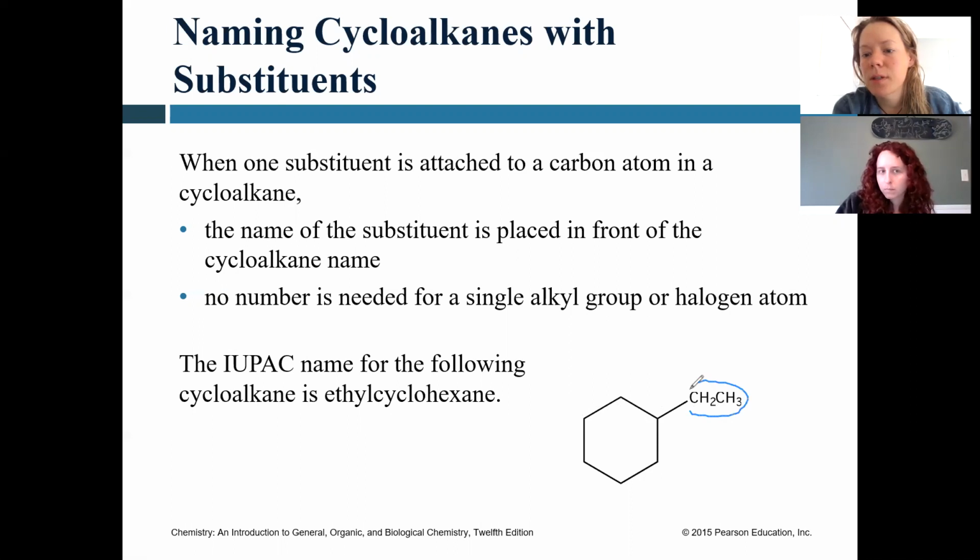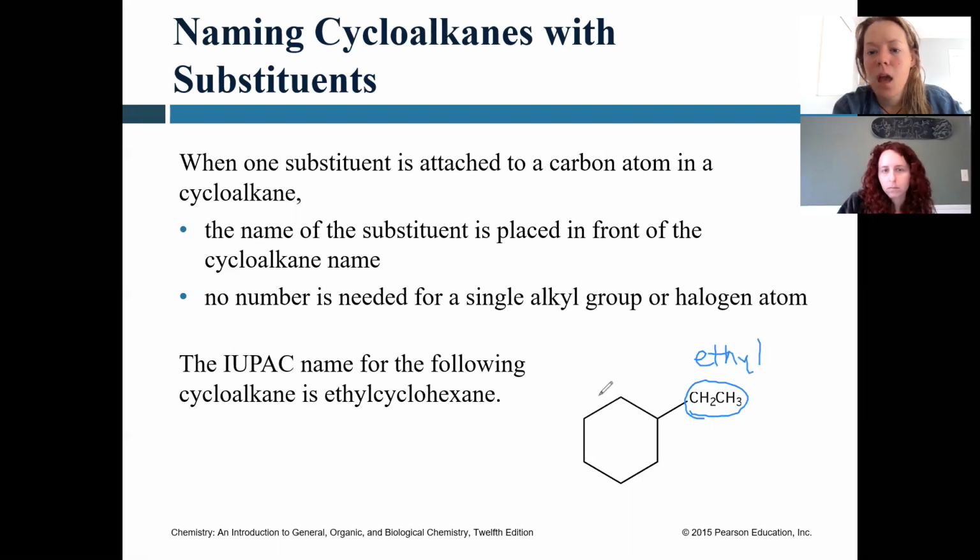What is this accessory? We've got 2 carbons here, so we would say that this is an ethyl, right? So for the name, we would just smush that in front of the cyclohexane. We would just call it ethylcyclohexane. There's no number needed. I don't have to say it's on carbon 1 because we're just assuming it's carbon 1 because it's a cyclical structure.